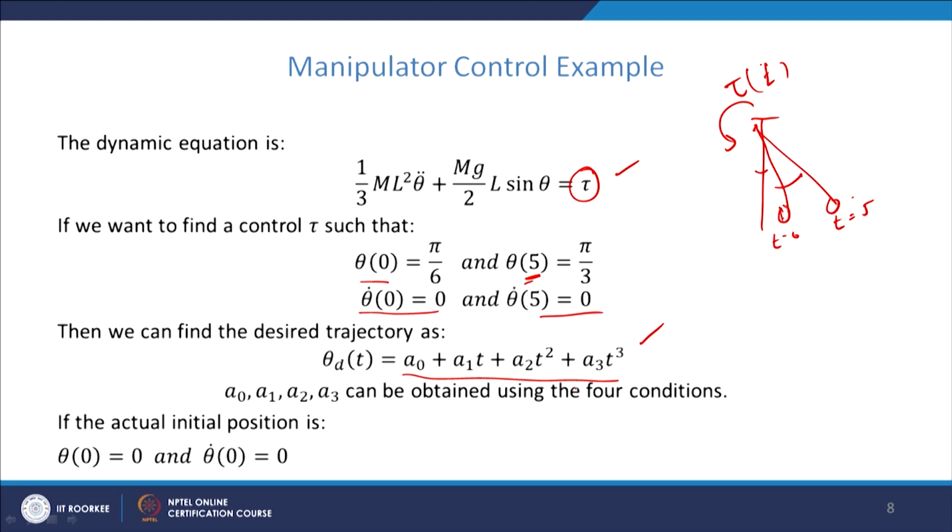We have seen in the trajectory planning lecture how to plan a polynomial trajectory. So, here we have 4 conditions, so we can write a polynomial of degree 3, and a0, a1, a2, a3 are the coefficients which we have to find using these 4 conditions, that can be very easily obtained.